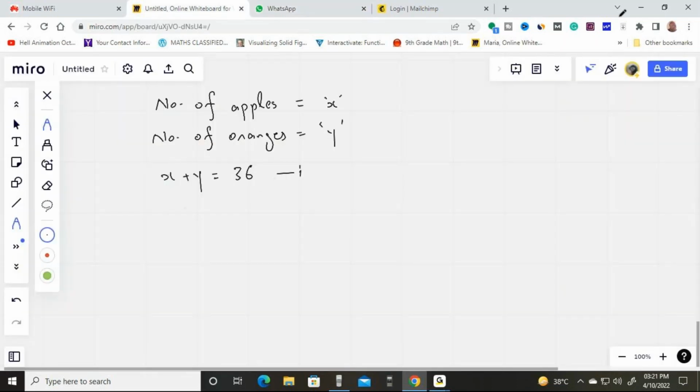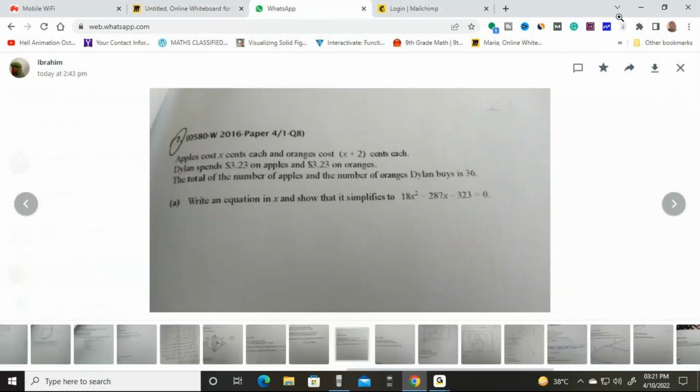From this equation number 1, you can form an equation keeping y as the subject, because we need to express y in terms of x, because the resultant equation must come out in terms of x. Now we come to the cost value.